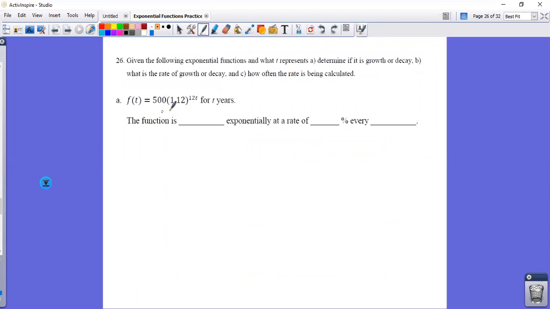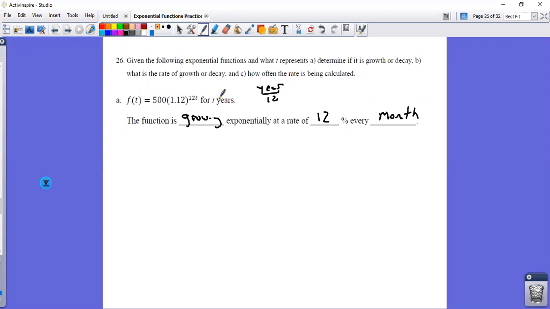So looking at the equation, if t is years, like this function is growing at a rate of 12%, and if you are multiplying years, if you have 12t, then if you took a year and divided it by 12, you would get a month.